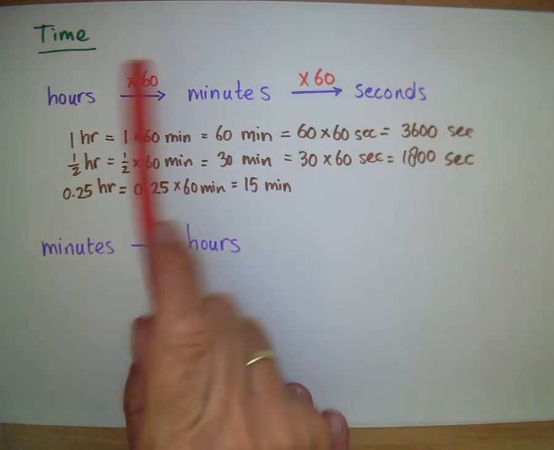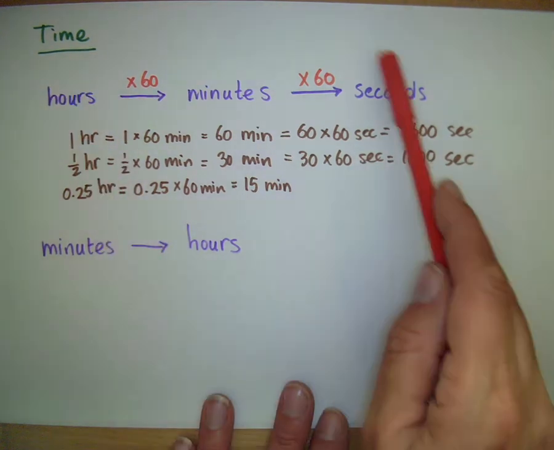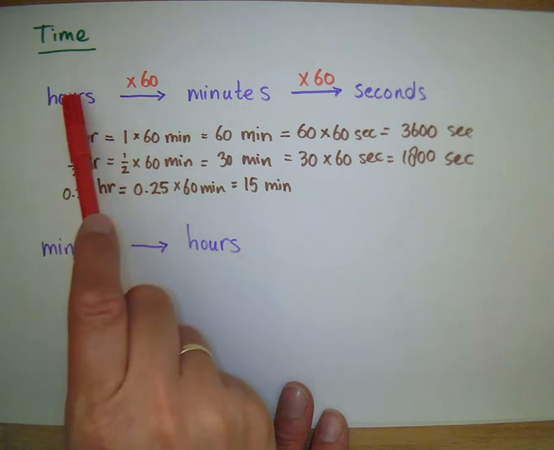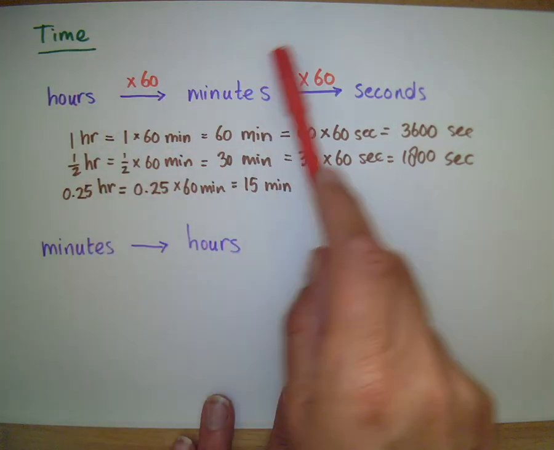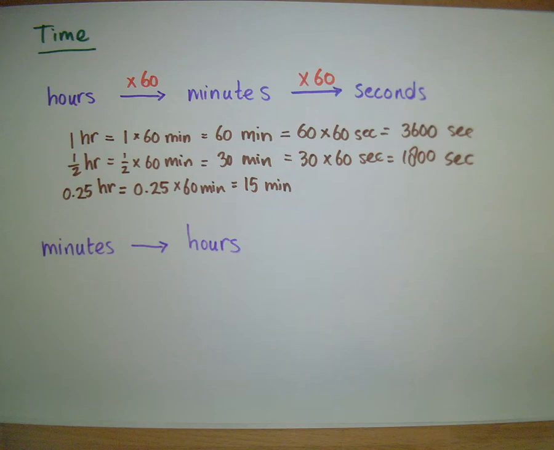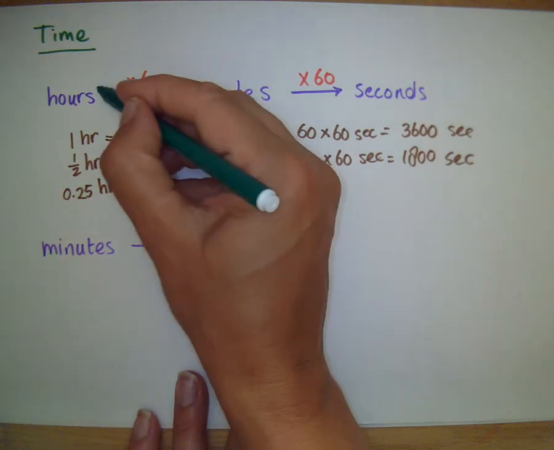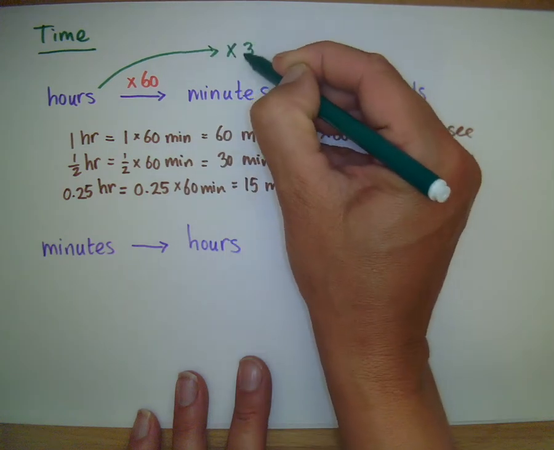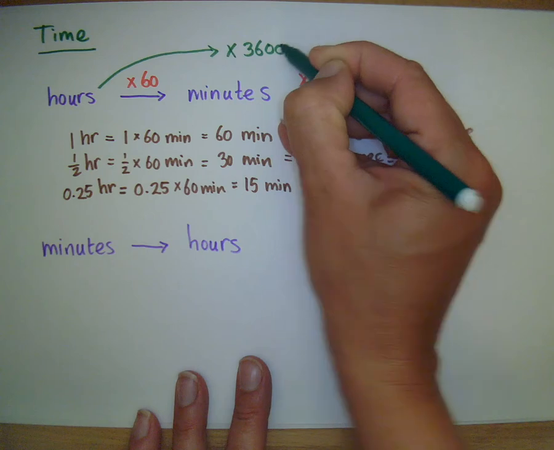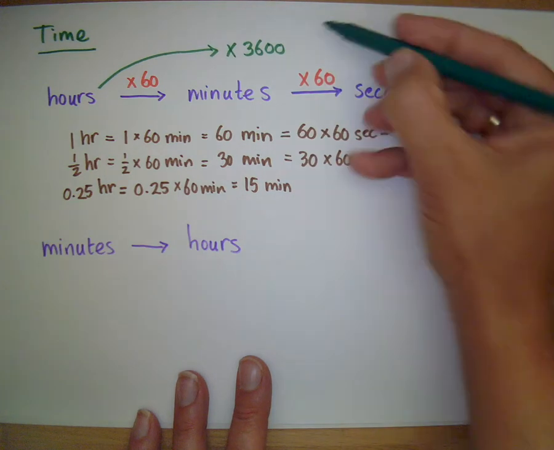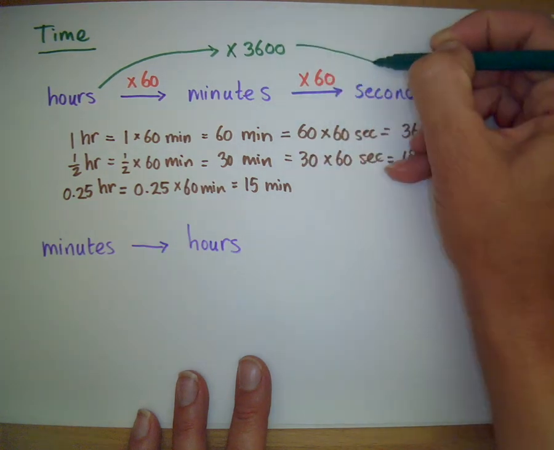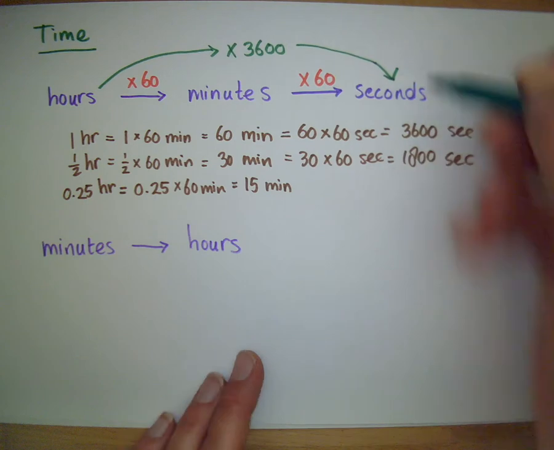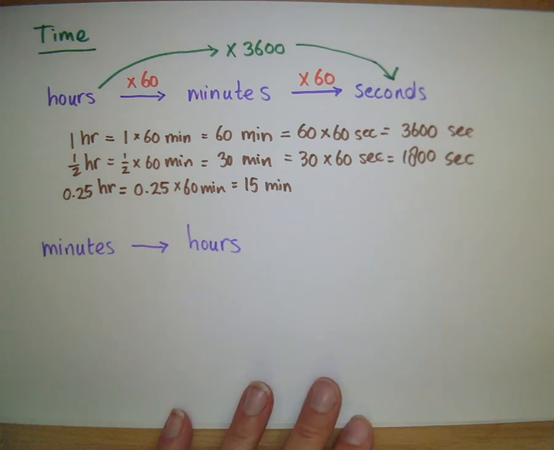So now what if we wanted to go straight from hours to seconds? We would multiply by 60, multiply by 60 again, which is, in short, just multiplying by 60 times 60, which is 3,600, right?